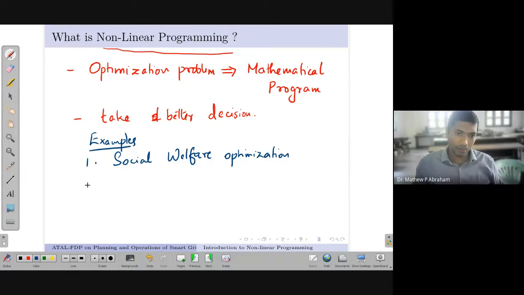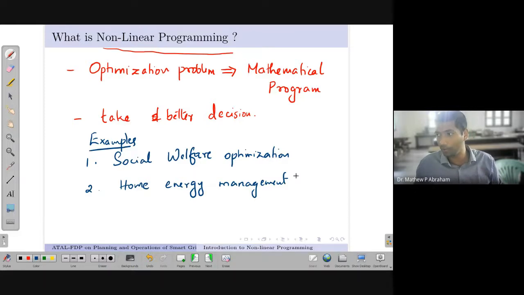Similarly, you have heard about the home energy management system. If you want to manage the energy distribution in a home, for example if you have a solar cell, a battery, or a plug-in hybrid electric vehicle, how do you choose?